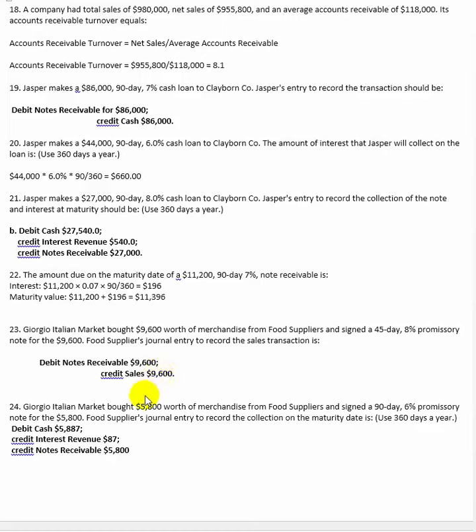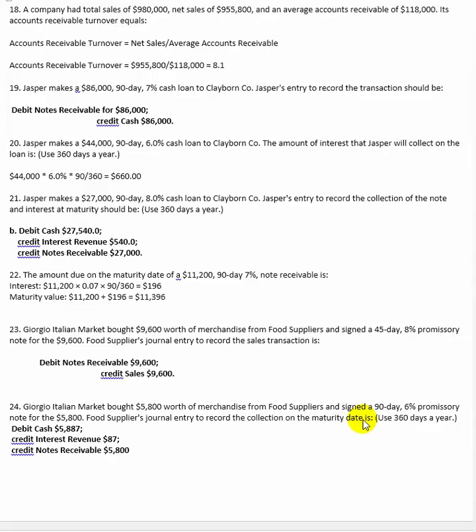And number 24, Giorgio Italian Market bought $1,500 worth of merchandise from food suppliers, signed a 90-day 6% promissory note for $1,500. Food suppliers' journal entry to record the collection on the maturity date would be what?